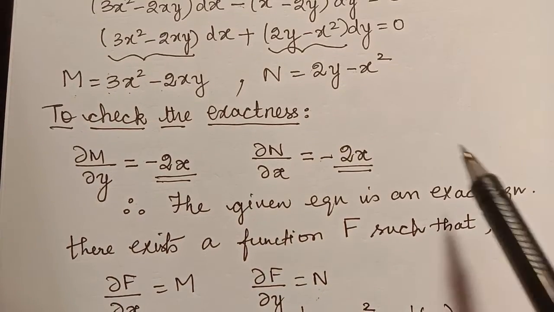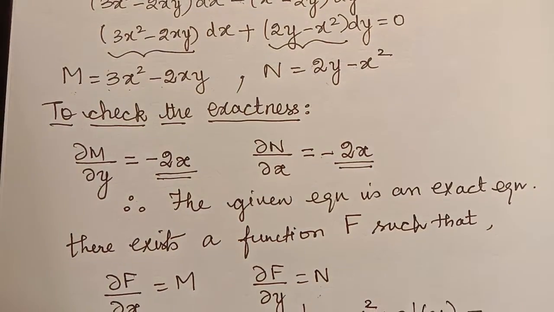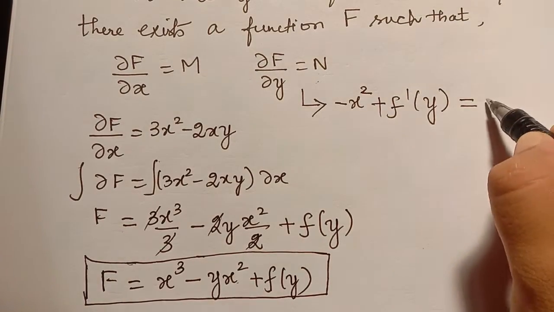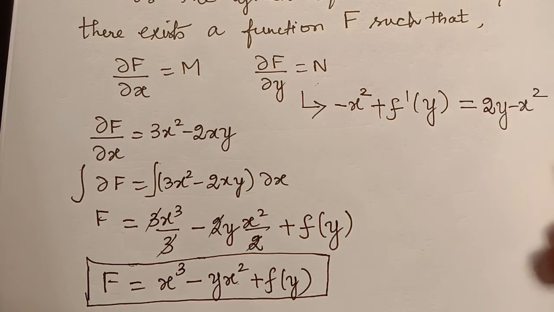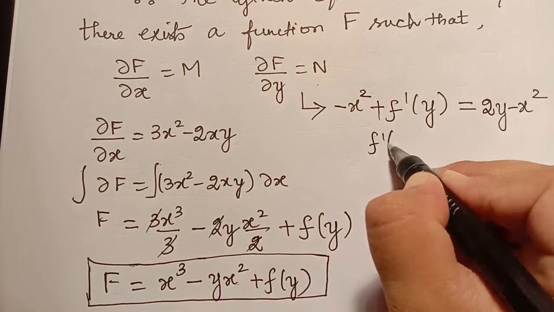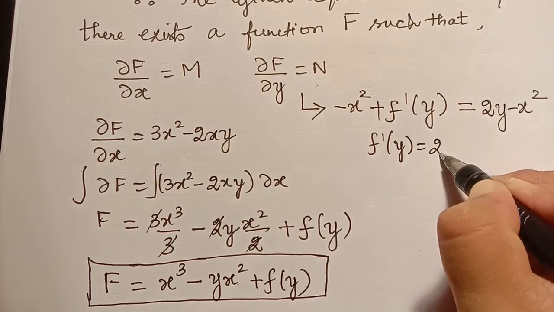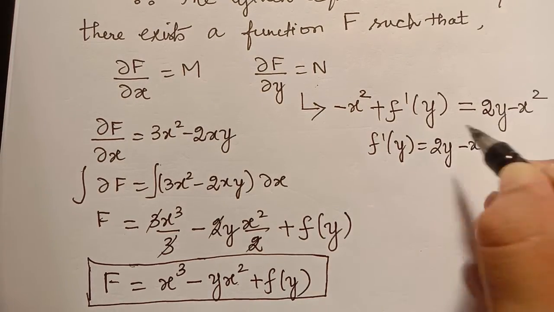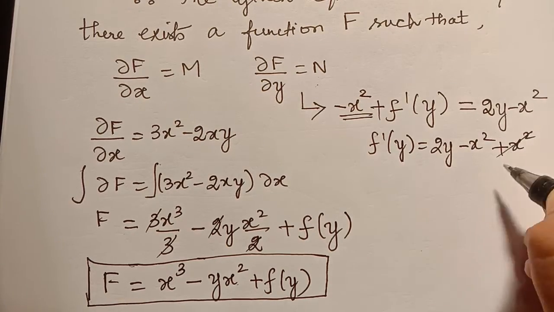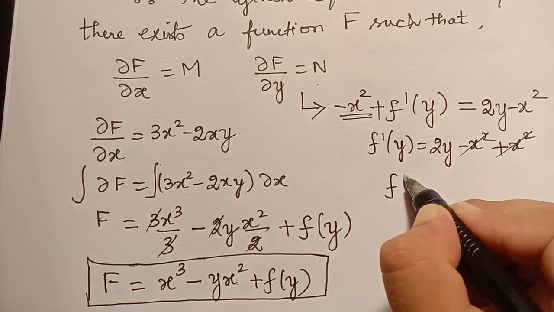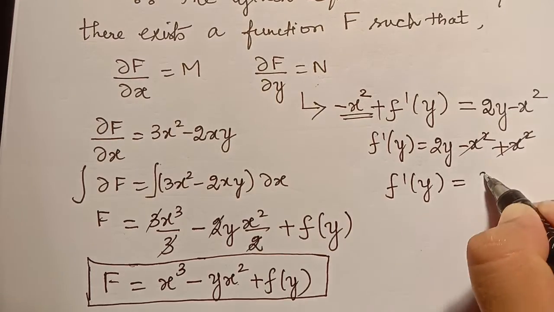The given N is 2y − x², so we have to substitute that here. So f′(y) will be equal to 2y − x². Taking this negative x² to the other side, we get plus x², and so these two will get cancelled, and so f′(y) will be equal to 2y.